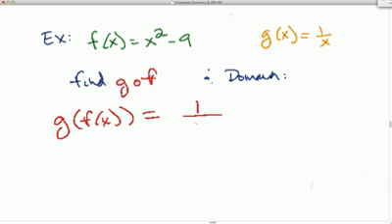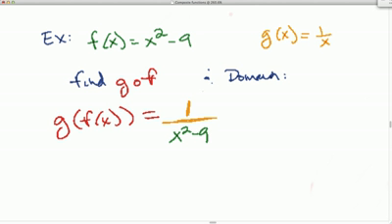So g of x is 1 over x squared. I guess I could use colors for you. The parent function is g of x, so we have 1 over, and then instead we plug in f of x instead of the x that's on the bottom. We get that right there.